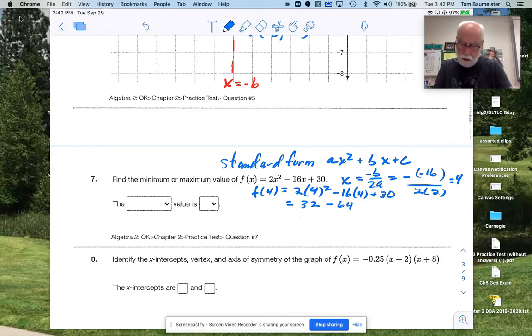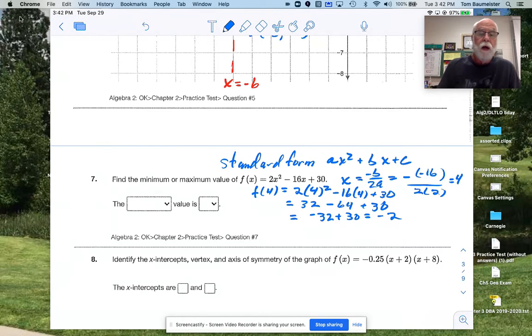So I'm going to have 32 minus 64 plus 30. Then I can go from left to right, since addition and subtraction we do left to right. So 32 minus 64 is minus 32, plus 30, and that will give us a negative 2.